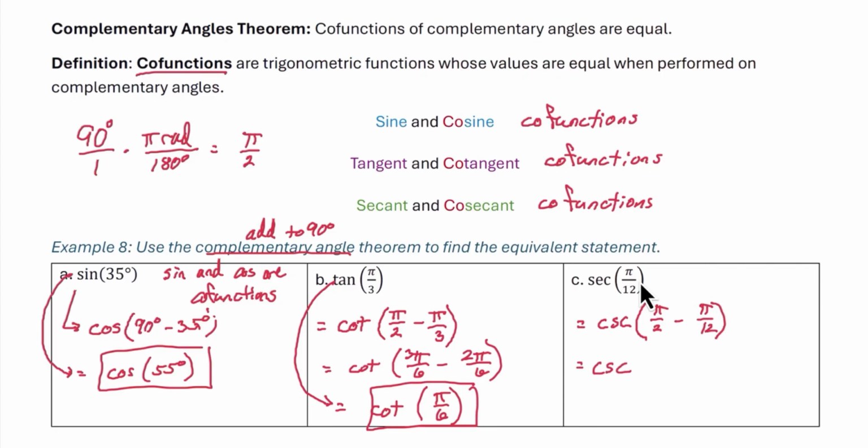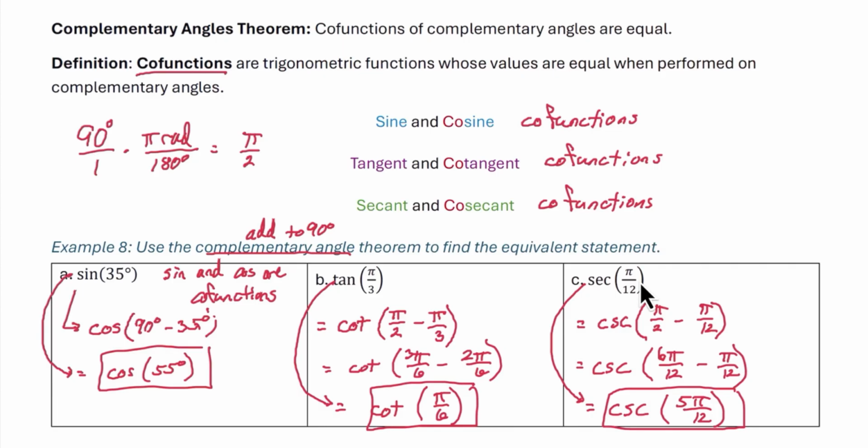We'll need to get an equivalent denominator. That will be 12. So we have 6 pi twelfths minus pi twelfths, which will give us cosecant of 5 pi 12ths. And this is the same thing as secant of pi 12ths. They have the same value.